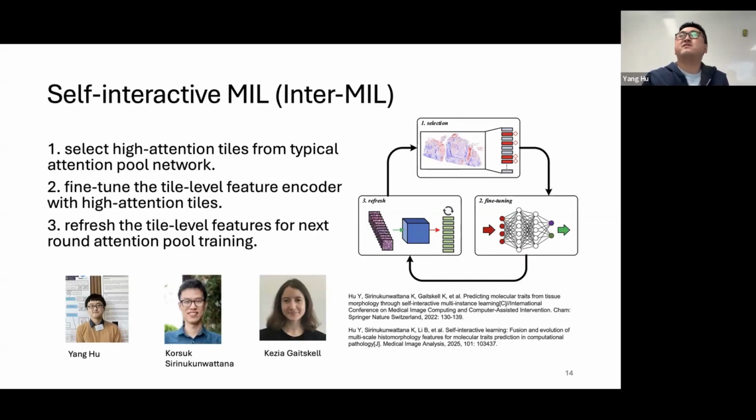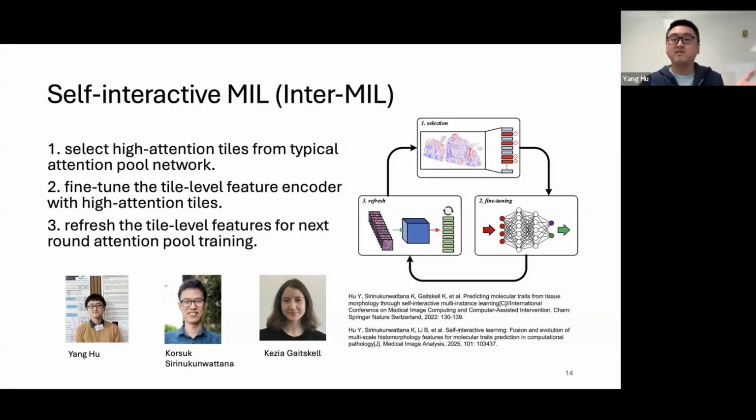Basically, it's a very simple idea containing three steps. The first is to still select the high-attention tiles from the typical attention pool network. Then we fine-tune the high-level feature encoder with those high-attention tiles using the same prediction label. Now we have the optimized encoder, right?